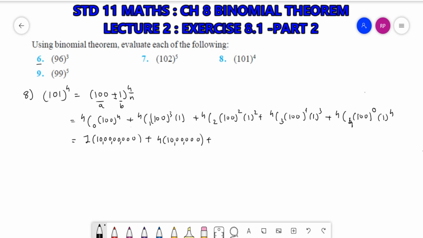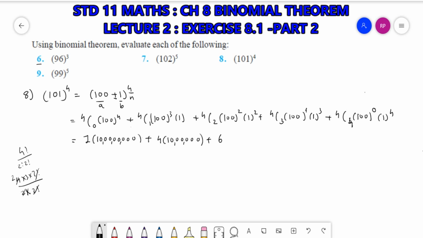Plus 4C2, when we solve it we get 4 factorial upon 2 factorial into (4 minus 2) factorial, that is 4 into 3 into 2 factorial upon 2 into 2 factorial; 2 factorial gets cancelled, so 2 ones are 2, 2 twos are 4, so 3 twos are 6.